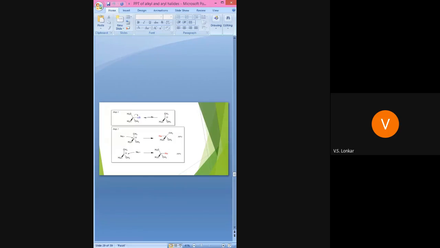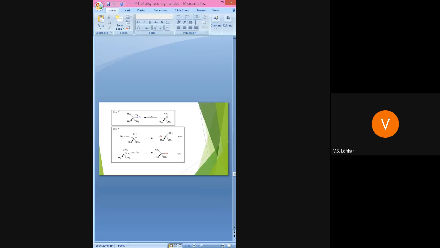Very simple mechanism. Just remember the reactant in the SN1 reaction is the tertiary alkyl halide, not primary, not secondary. Primary not at all; sometimes secondary is there, but in most cases tertiary butyl or tertiary alkyl halide is the best reactant for the SN1 reaction.